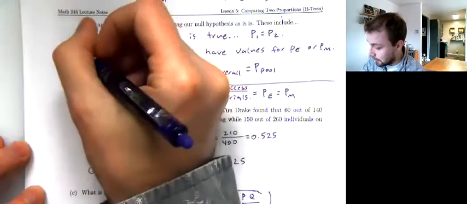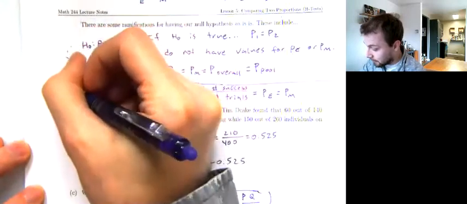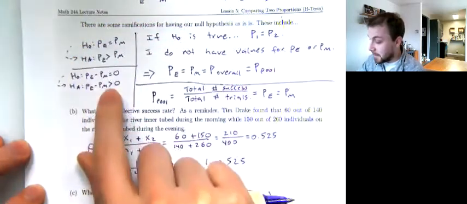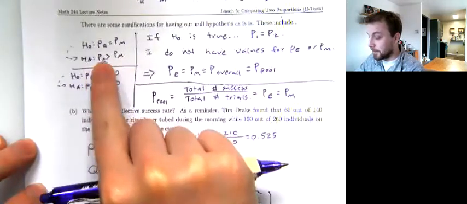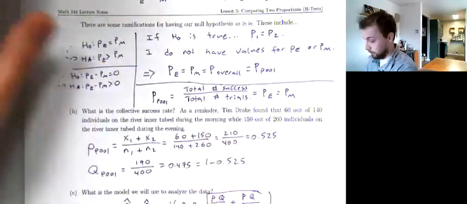If I reject the null hypothesis in either one of these situations, that means I have evidence that E minus M is a positive number. Or in other words, I have evidence that the evening group is larger than the morning group.